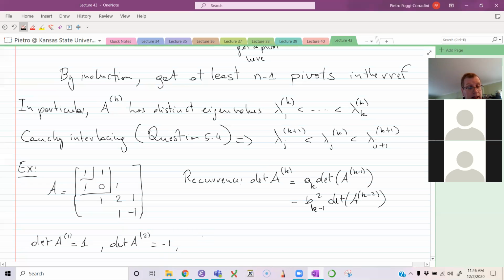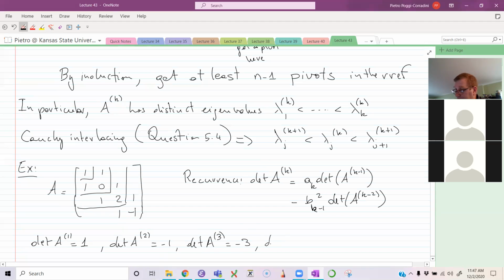And then the determinant of A3, it wouldn't be too hard to do it directly, because you get 0, 0, 0, -2, -1. So that's going to be -3.